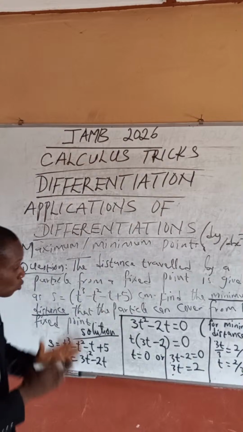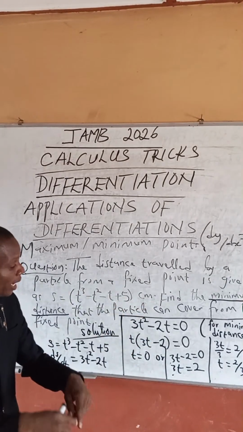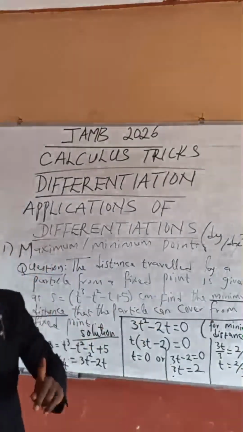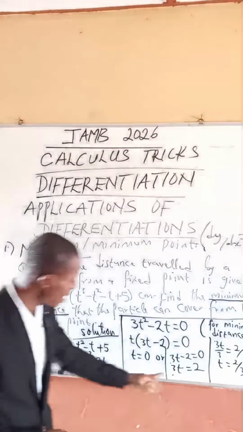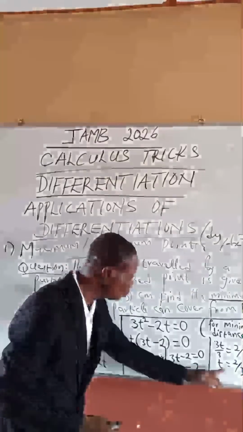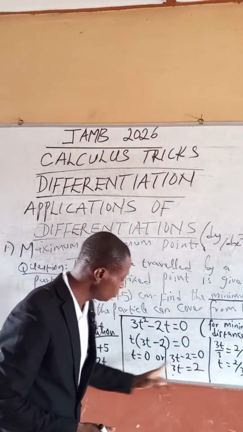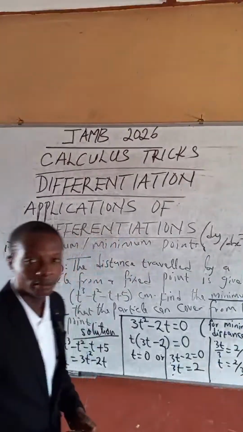Please pay attention to this question. We are not looking for time, we are looking for distance. Minimum distance, not just any distance. But the question here is which distance are we going to look for, where we have 2 times, right? So we are going to substitute these 2. Where are we going to get minimum distance? Is it when t is 0 or when t is 2 over 3?